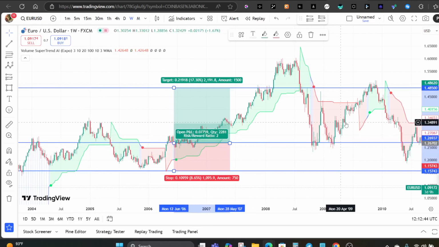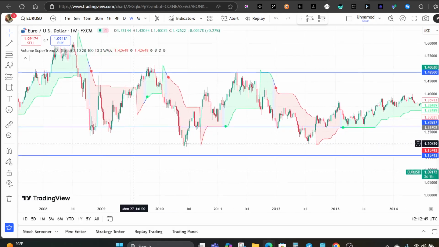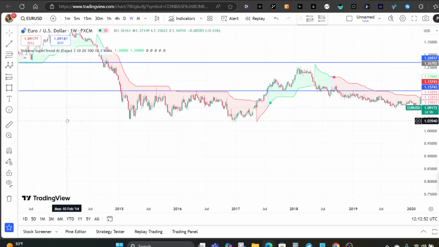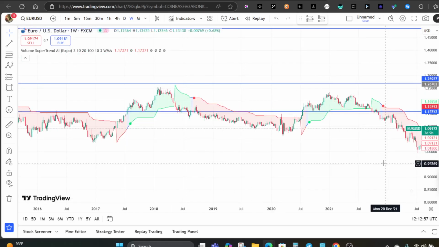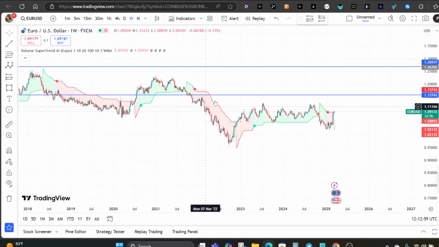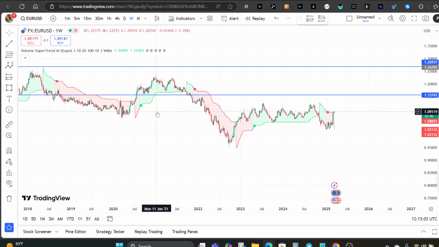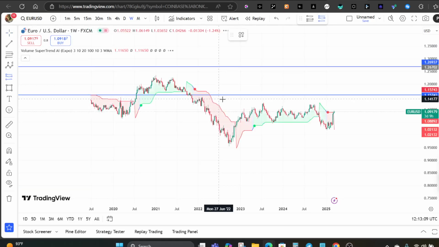Then for a sell move, when you have a red line above the price, it signals bearish momentum. It shows that there is a downtrend and that sellers are in control. So you can enter a sell trade after you get your confirmation.